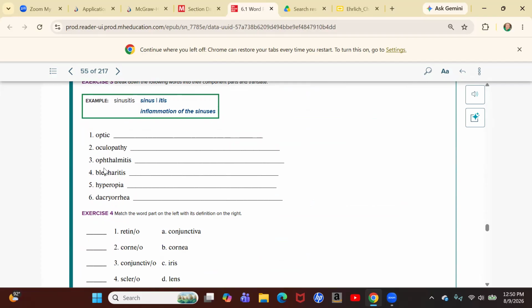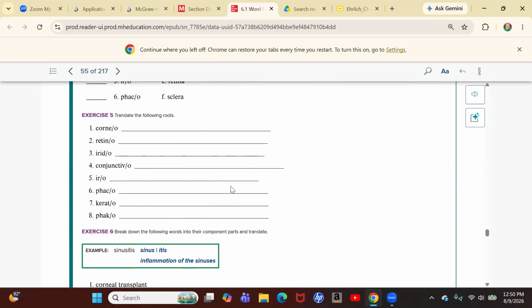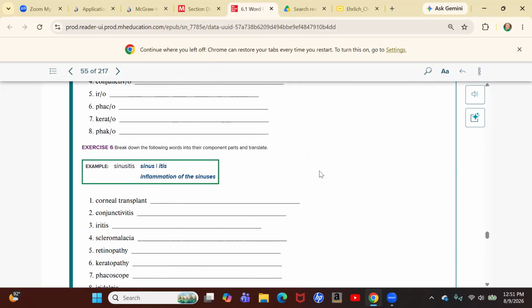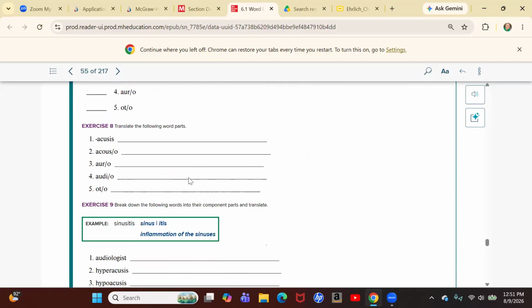Optic, pertaining to the eye, blepharitis, inflammation of the eyelid. All right, that looks pretty straightforward. Okay, your word roots that we just went over, irid meaning iris, phaco meaning lens, kerato meaning cornea. Okay, yep, that should be pretty straightforward.